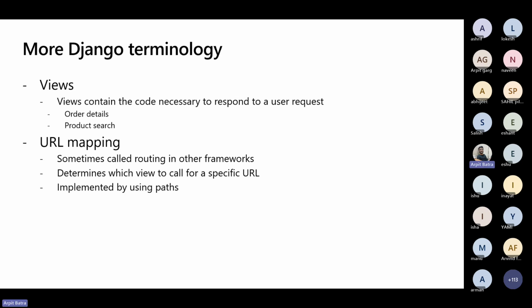Also, it has order detail and product search. Next one is URL mapping, sometimes called routing in other frameworks, which determines which view to call for a specific URL. And the last one is it is implemented by using path.